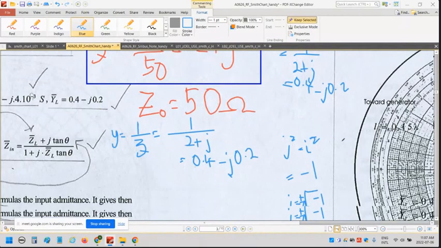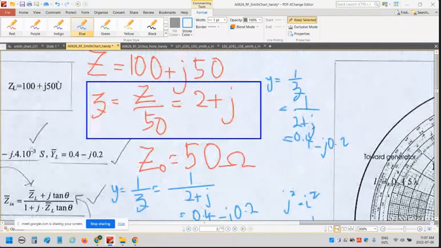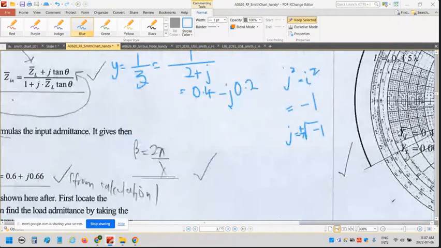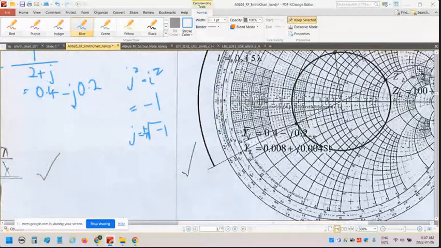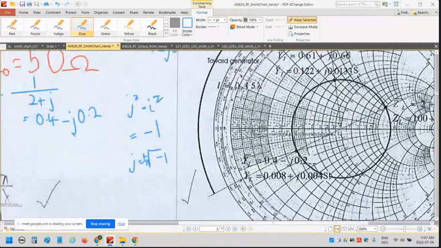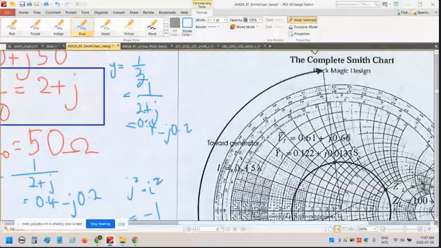You can double check. When you want to plot, this one is in the opposite direction, you can get Y. So the location is 0.4 minus 0.2. For this case, you can double check using your calculator.